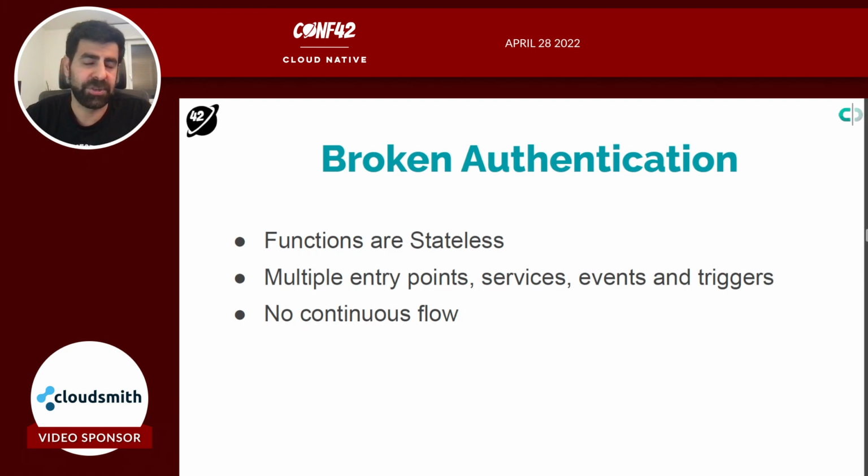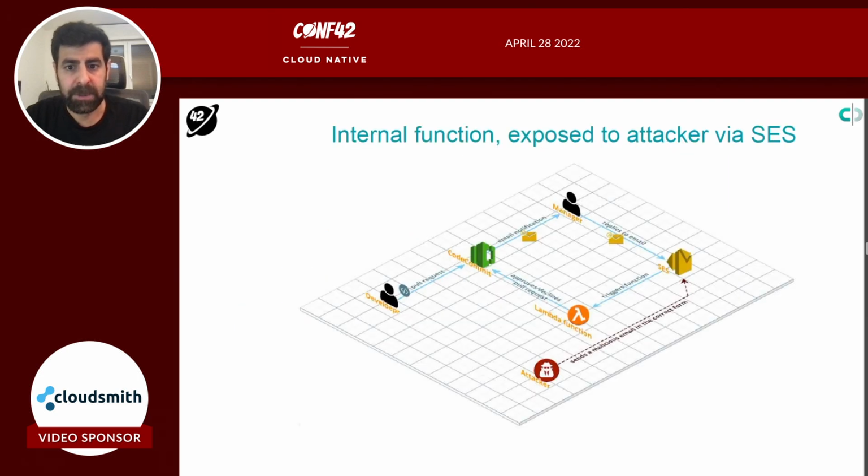You can store a session out of bound, like a database, but I wouldn't say that's a common way, nor that's a best practice. You could have multiple entry points, services, events, and triggers that come into your code with no continuous flow to control the authentication.